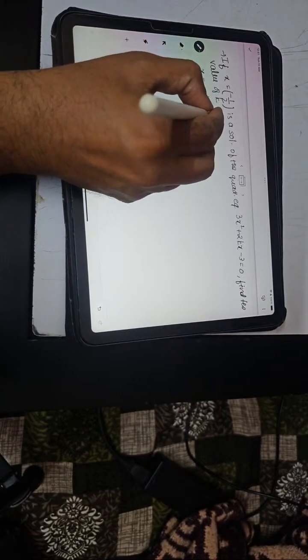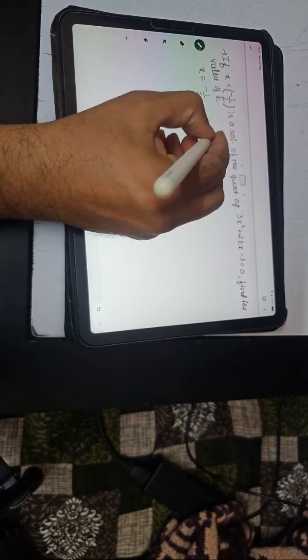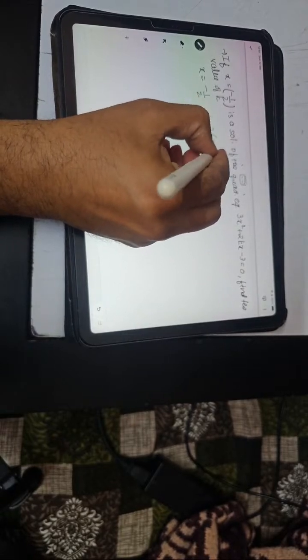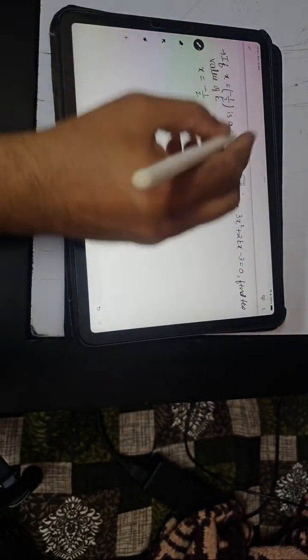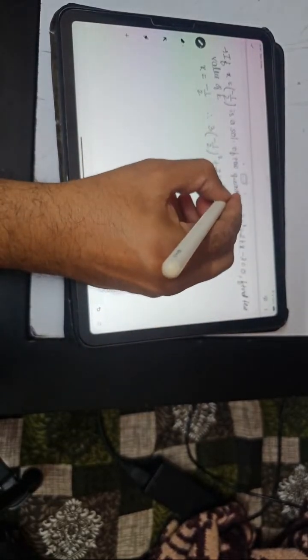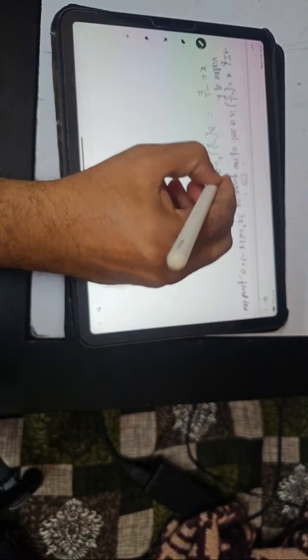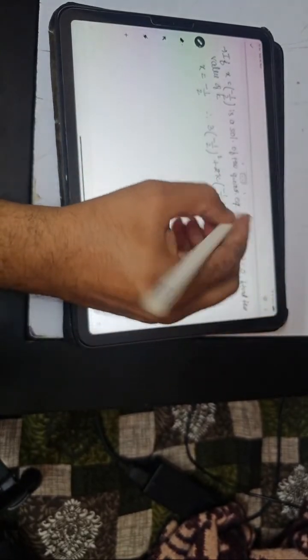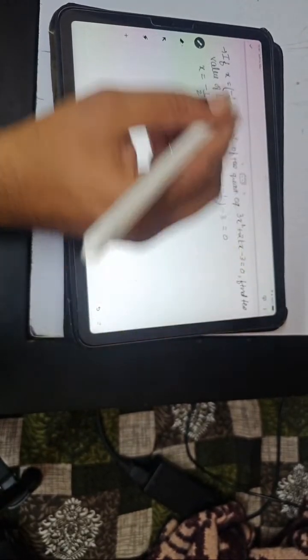So therefore, if I substitute x equal to minus half, so 3 into minus 1 by 2 whole square plus 2k into minus 1 by 2. So 2 cancel here and minus 3 equal to 0.